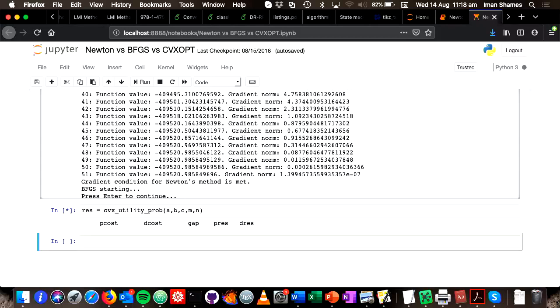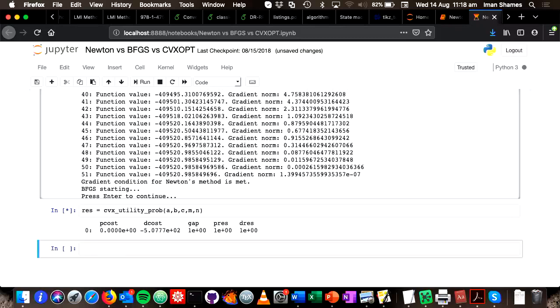Now, something I want to say. The disclaimer is, I'm not saying people who wrote this package were dumb. I'm saying they wrote a generic solver, an off-the-shelf solver that you can take anything, plug it in, and it will give you a solution. The Newton method that I wrote, I had written for that particular problem.